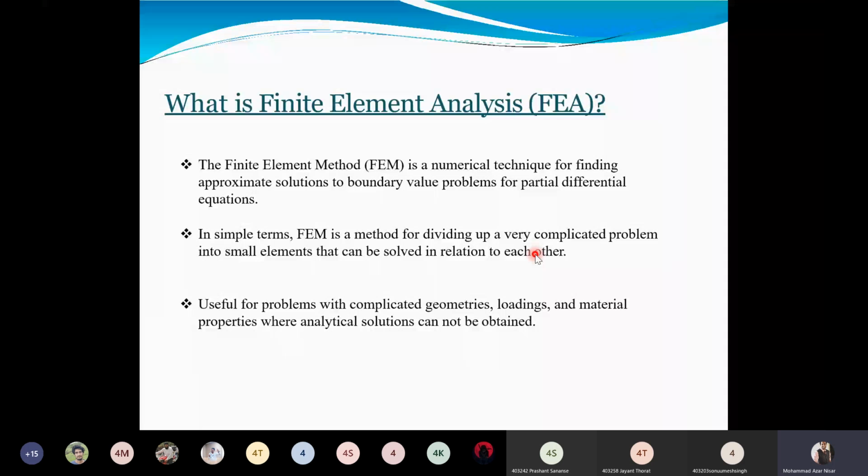This is useful for solving geometries, loadings, and material properties, and analytical solutions like stress, strain, or displacements can be found by using this method.